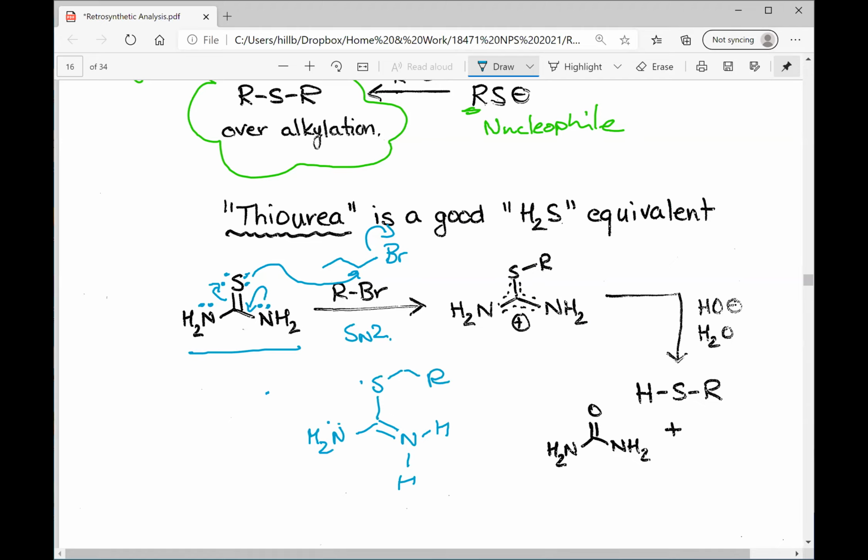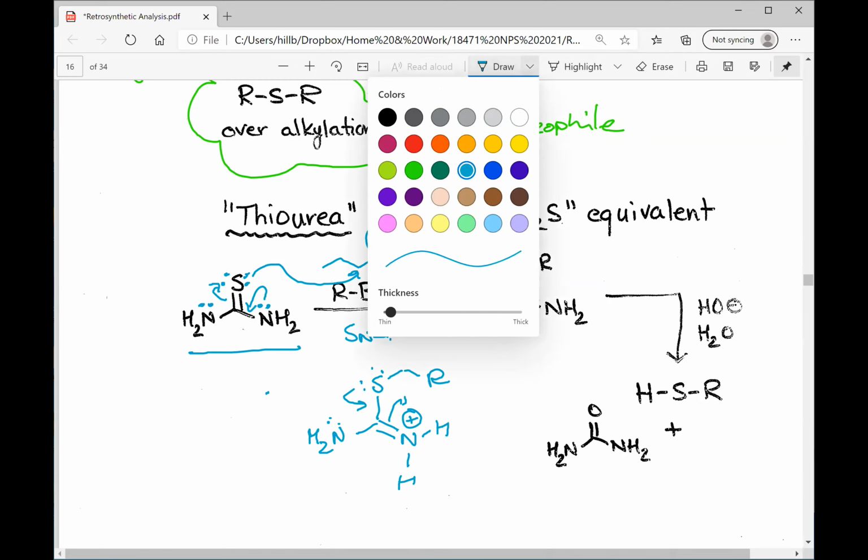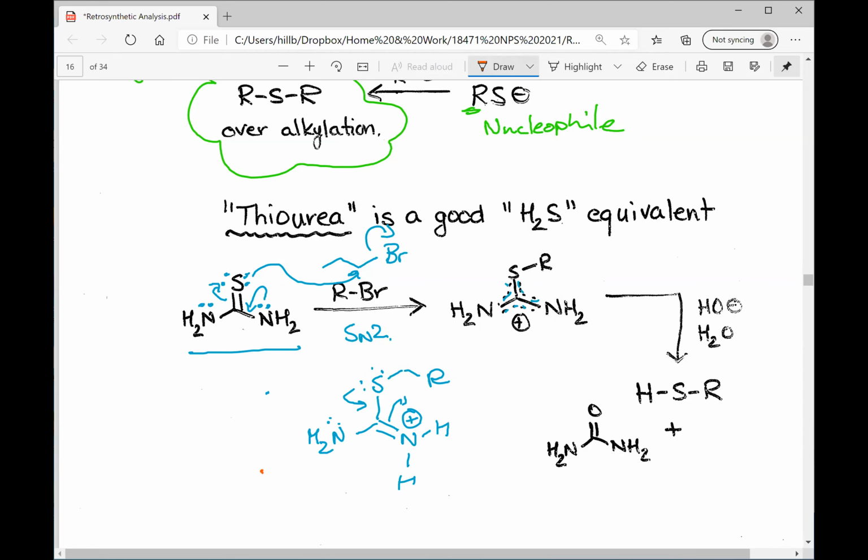Call that R. The reason why I've drawn all these little dashed lines is that you can draw resonance structures that would stabilize this positive charge. So it's spread over a number of different atoms. So that's why it's drawn like this.